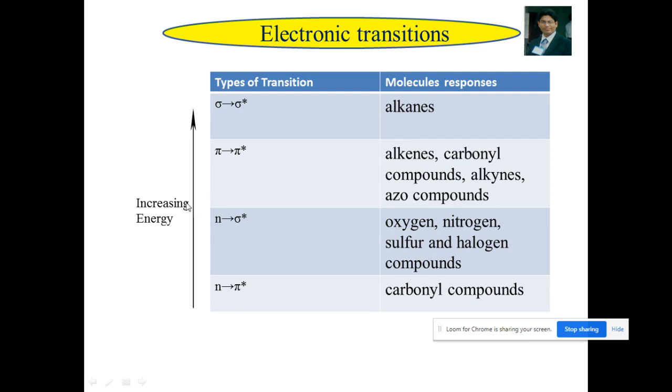And the energy increases from n to pi star to sigma star. Sigma to sigma star has the highest energy, while n to pi star has the lower energy.